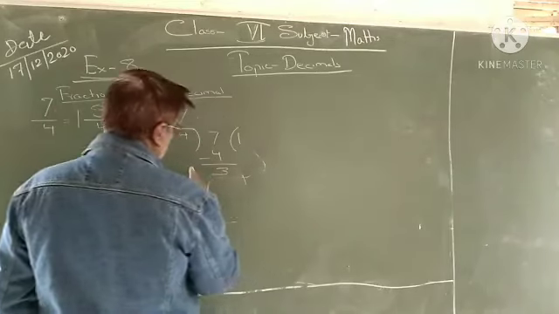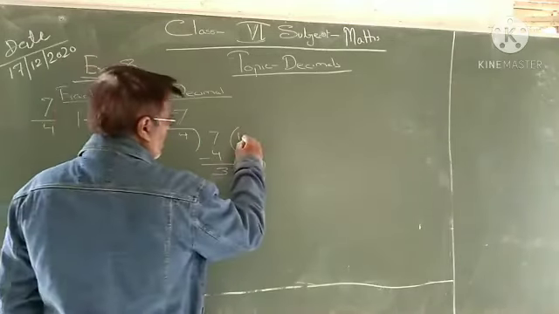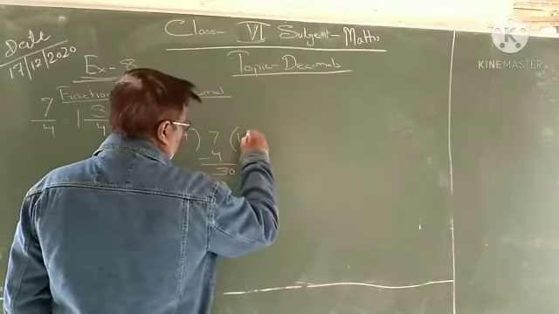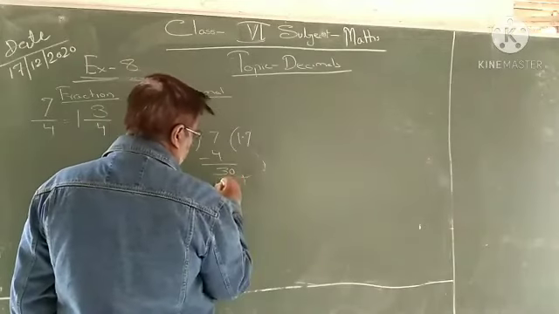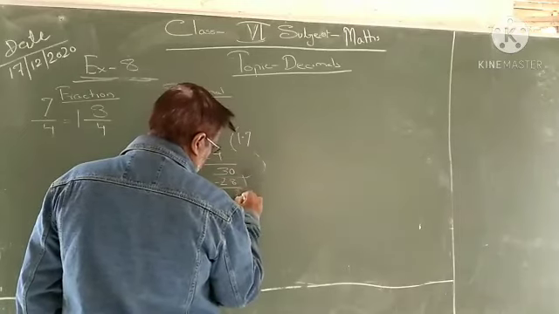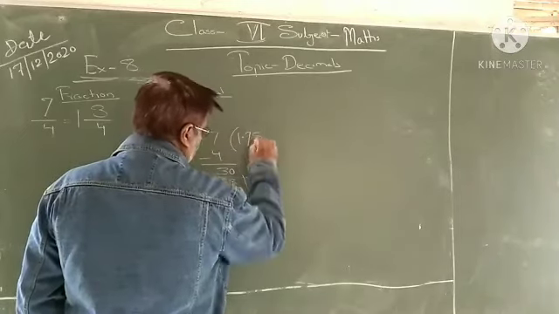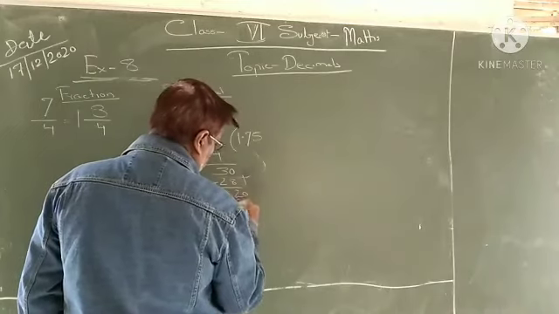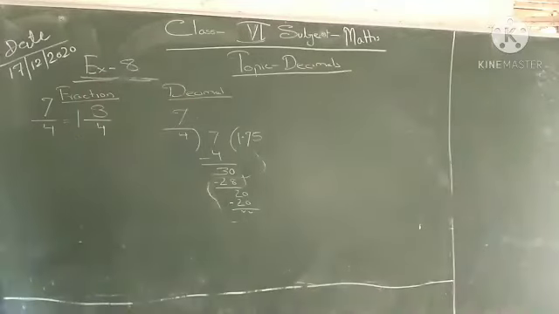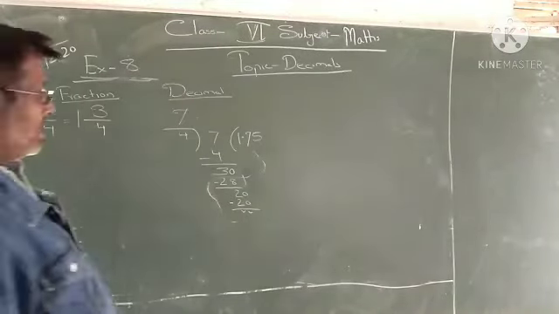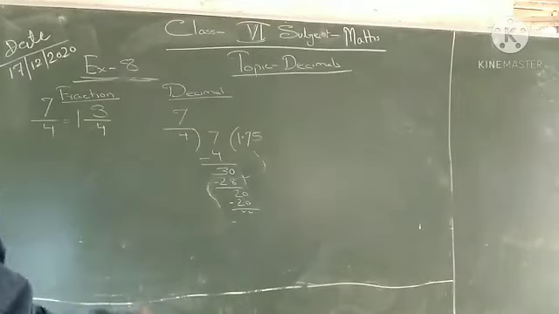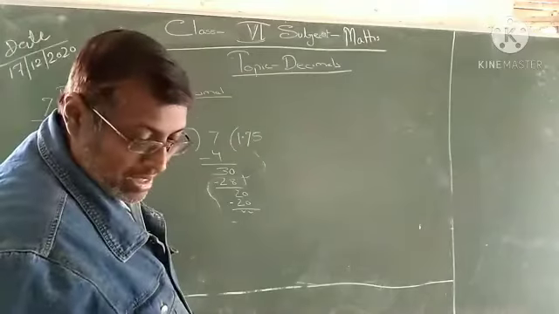Now 4 cannot go into 3, so we put a point and take it as 30. Then 4 times 7 is 28, and 30 minus 28 gives us 2, then 20 gives us 5. This is how we do decimals. We take it to the nearest decimal place where we can take it.